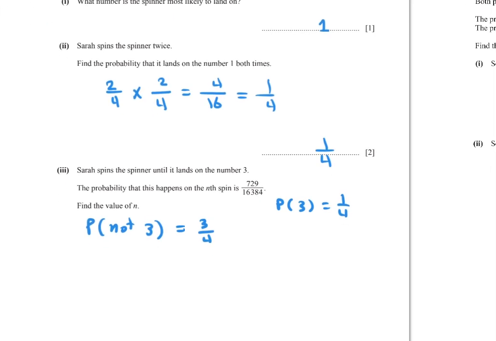So not 3, how many times? n minus 1 times. So 3 over 4 times 3 over 4 times 3 over 4 and so on, for n minus 1 times. And for the last one it is 1 over 4 because we have 3 at the last spin. This equals 729 over 16,384.